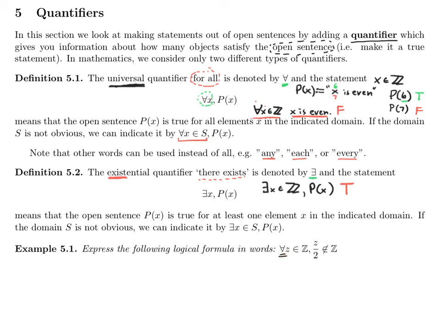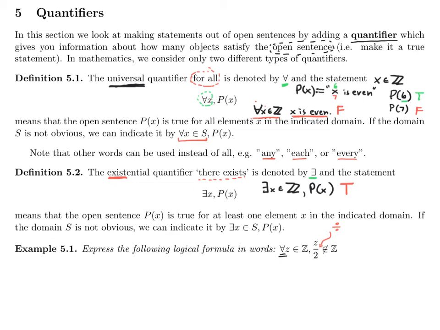So this means for all, and this is integers: for all z, where z is in this set, and that's the set of integers. So maybe a good thing to say first would be for all integers z. We have z over 2, and I'm thinking of this as a division sign, so z divided by 2. What is this?